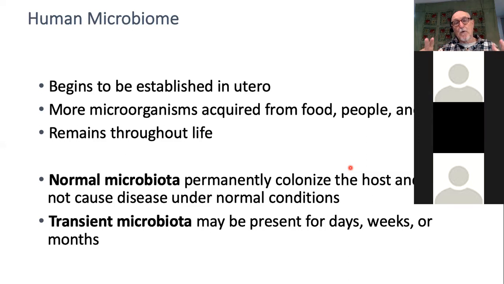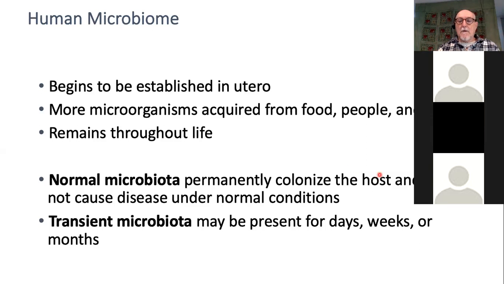Once the infant is born, the microorganisms that the child acquires, it acquires from its environment, from the people around it, especially if it's being breastfed, for example. It rapidly builds up a very rich gut microflora, and that remains with us throughout our life. Dynamic, changing, but nonetheless normally always present.